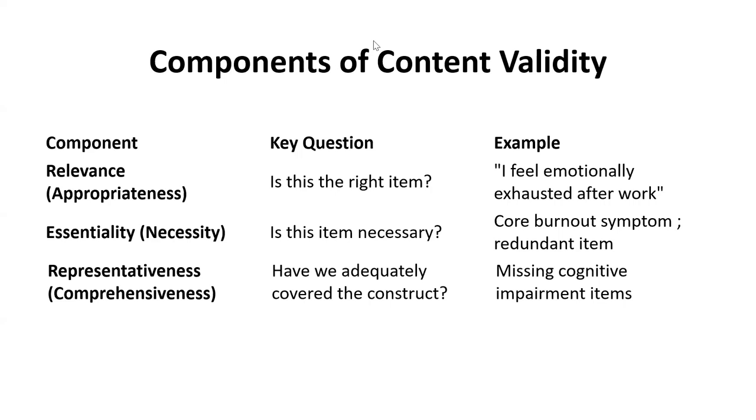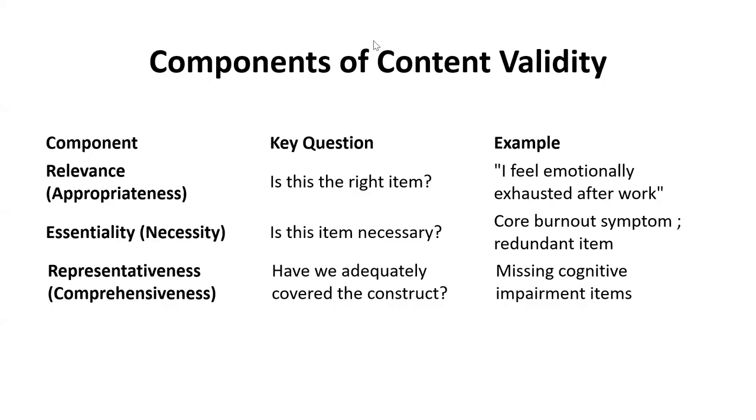I do not have to repeat or use more questions for a particular domain. So the question whether it is relevant is different, and the question whether it is essential or necessary is different. Whether I want to keep this question, or if I drop this question, it will not make much of a difference. That is what essentiality tells us.